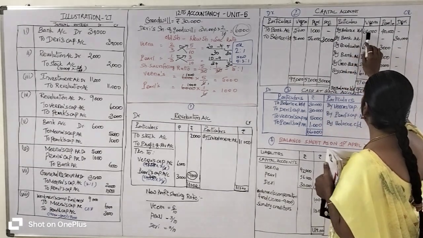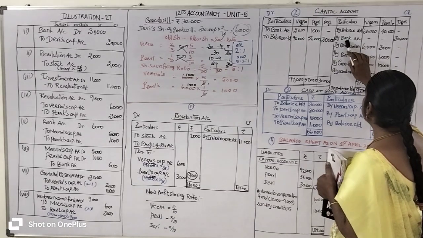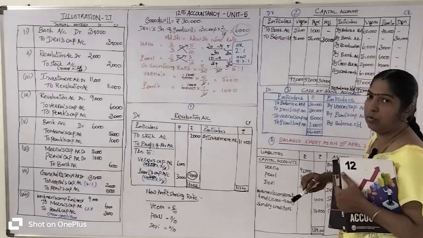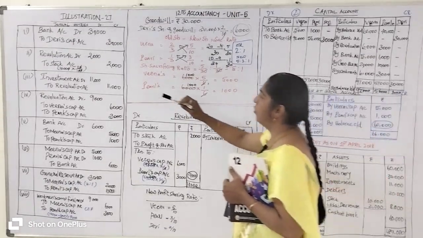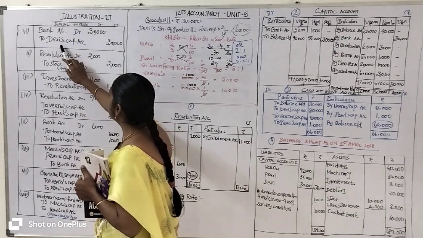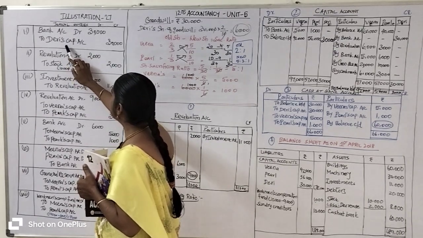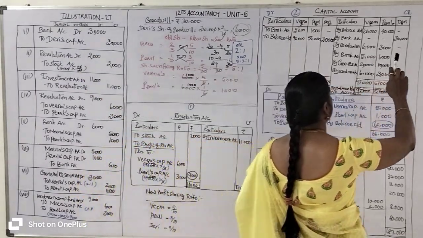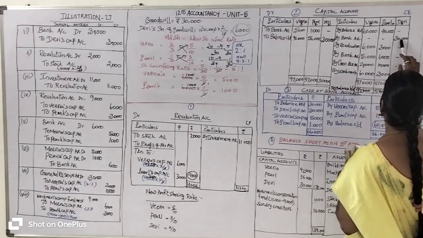After we enter the old partners' capital, the next transaction you enter is the new partner's capital account. Where is the new partner's capital account in the journal entry? It is on the credit side. So you go to the credit side of the capital account and enter 30,000 rupees in the new partner's column.